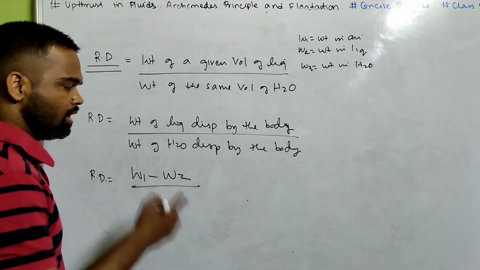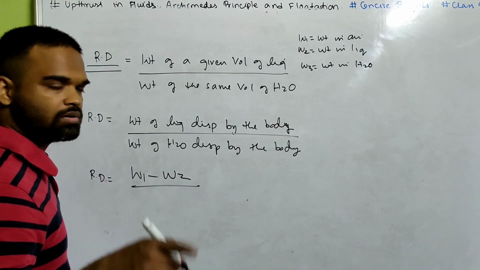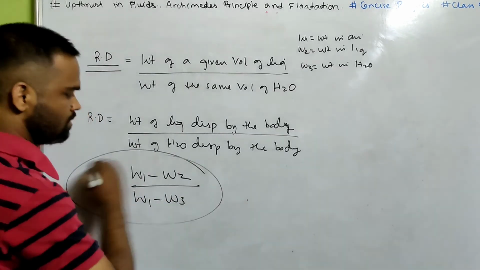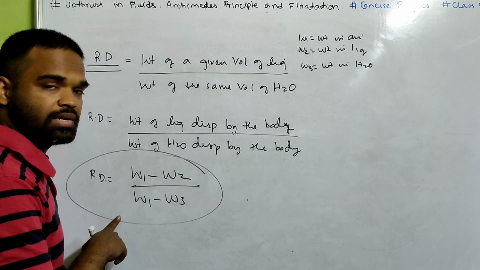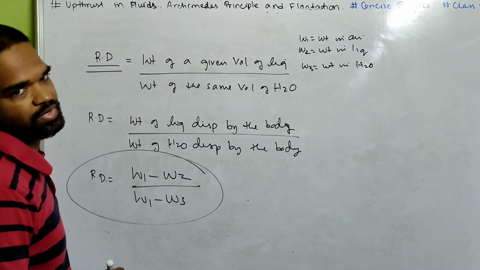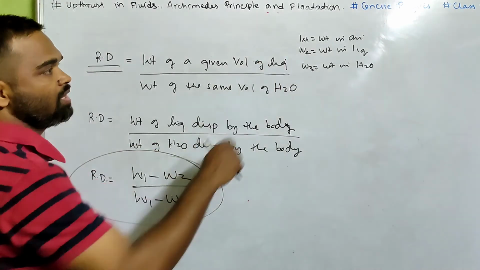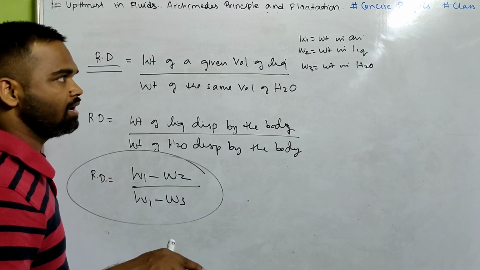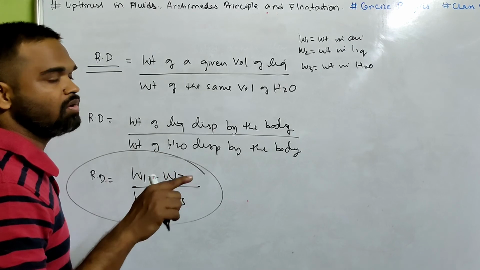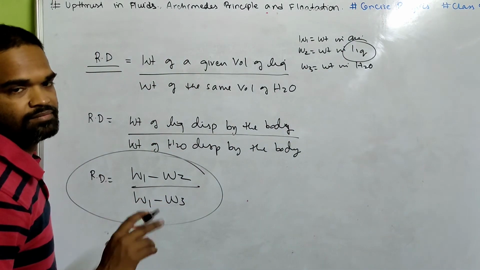Similarly, weight of water displaced by the body is nothing but loss of weight in water, which is W1 minus W3. So this is how we calculate the relative density of a liquid using Archimedes principle: W1 minus W2 by W1 minus W3, where W1 is the weight of the body in air, W2 is the weight in liquid, W3 is the weight in water. We are finding the relative density of this liquid.